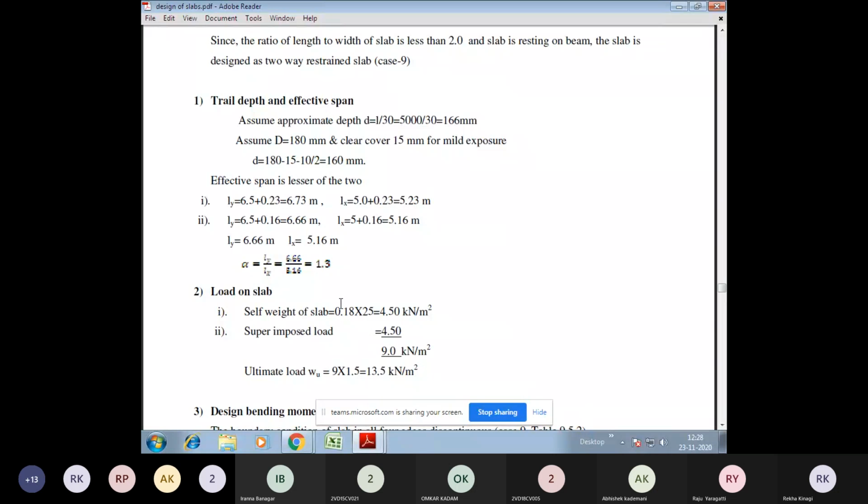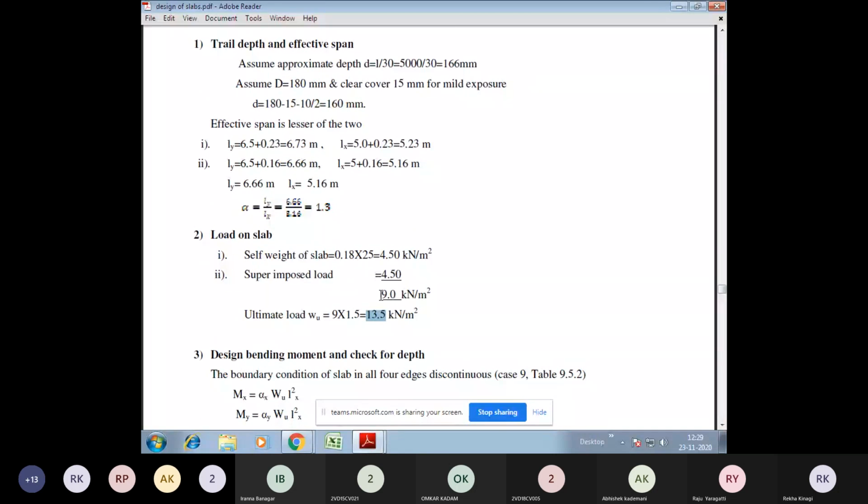Self weight is the overall depth multiplied with the unit weight of RCC, that is 4.5 kilonewton per meter square, and the live load or superimposed load is also 4.5 kilonewton per meter square. You might also consider the floor load, approximately 1 kilonewton per meter square, and if you consider that, the ultimate load will be on the higher side, that is 10 into 1.5, that is 15 kilonewton per meter square.